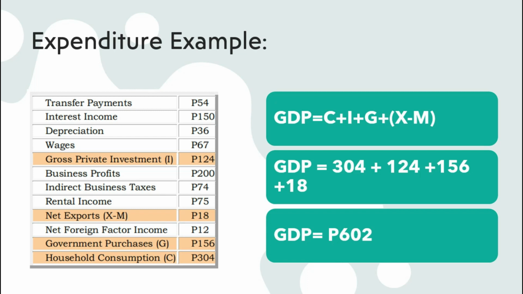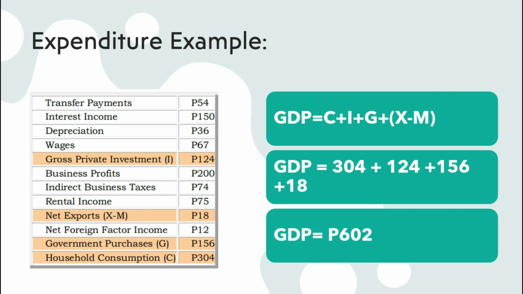So GDP equals first our consumption. Our household consumption is 304 and our investment, or I, is 124. How about the government purchases, or government expenditures?